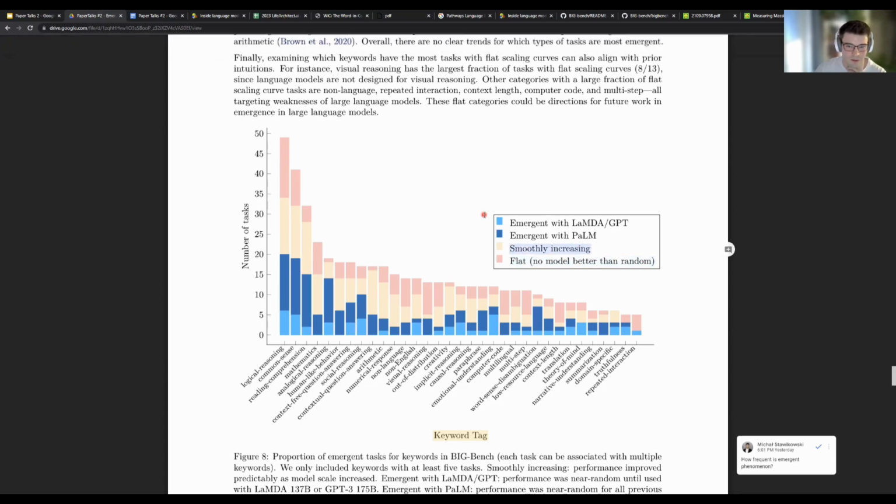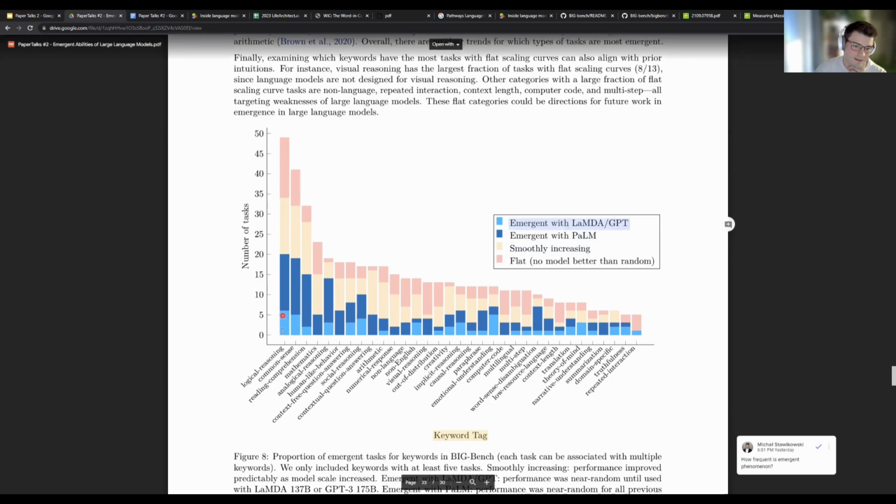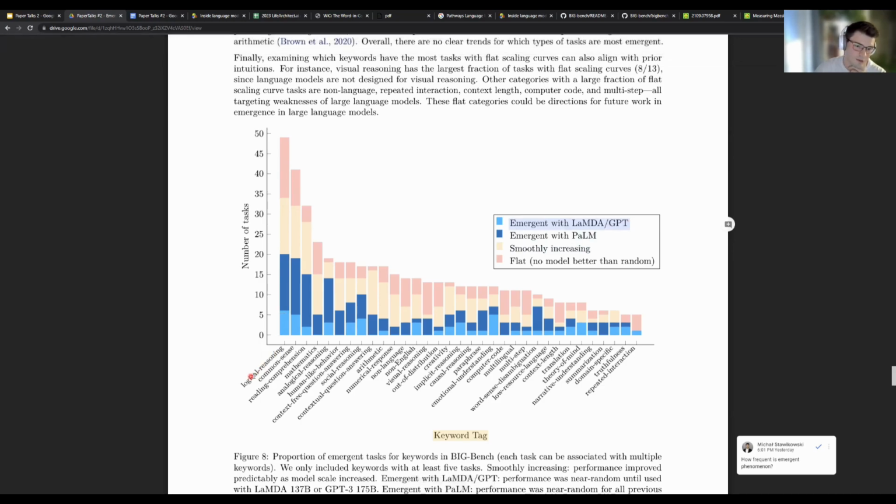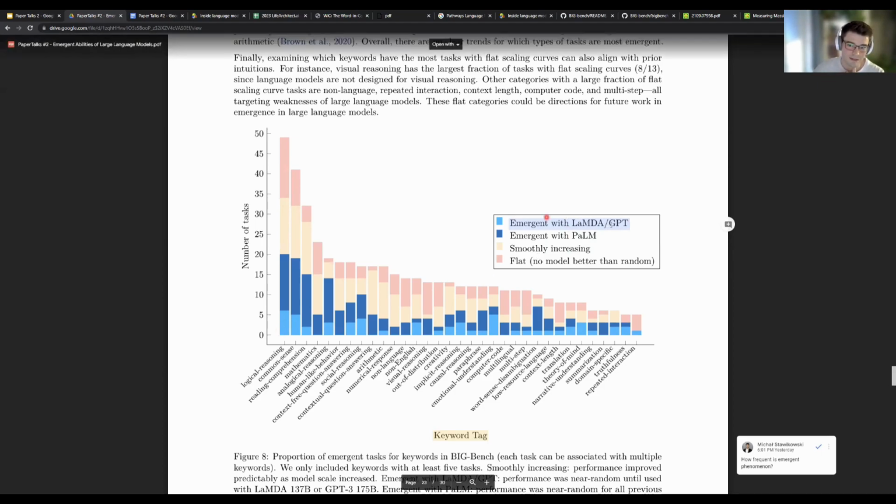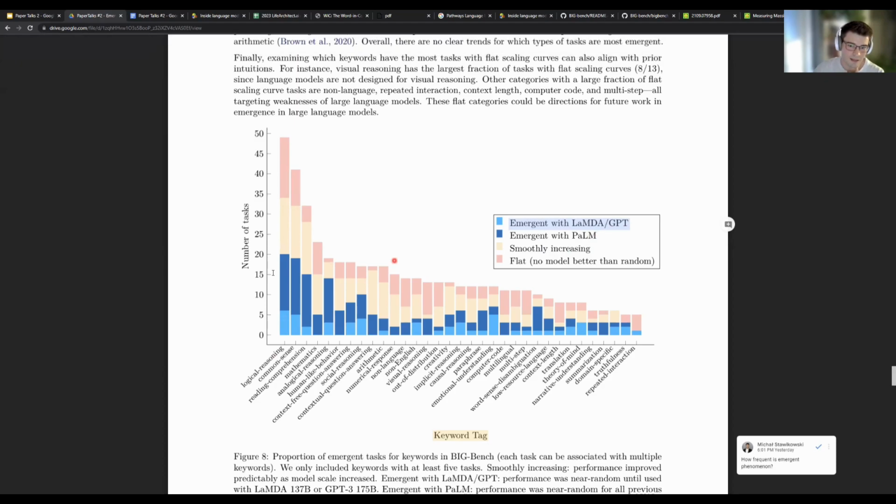So they show only probably this, which will be emergent with some of the models, because we can see that here, for example, for the logical reasoning task from the Big Bench, some of these tasks are actually emergent with Lambda and GPT, emergent with Palm, but some are actually smoothly increasing. So this is not true for all of these tasks.